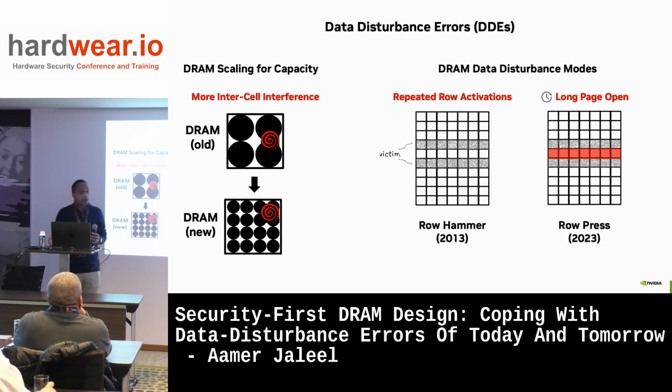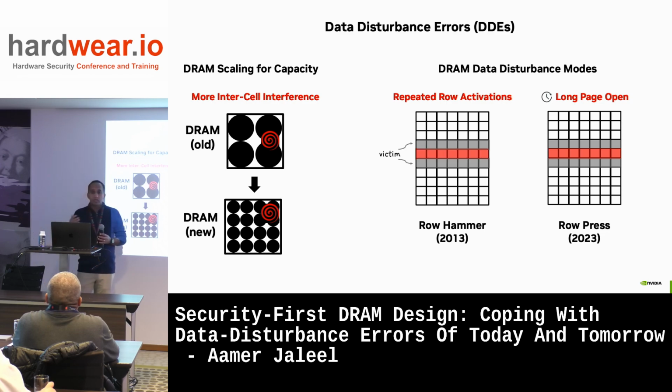So RowHammer and RowPress are two well-known modalities that have incurred data disturbance errors in neighboring victim rows, either by repeatedly accessing a row or keeping a page open for a long period of time. These are not the only modes of data disturbance errors. We'll talk about a few that have been released towards the end.